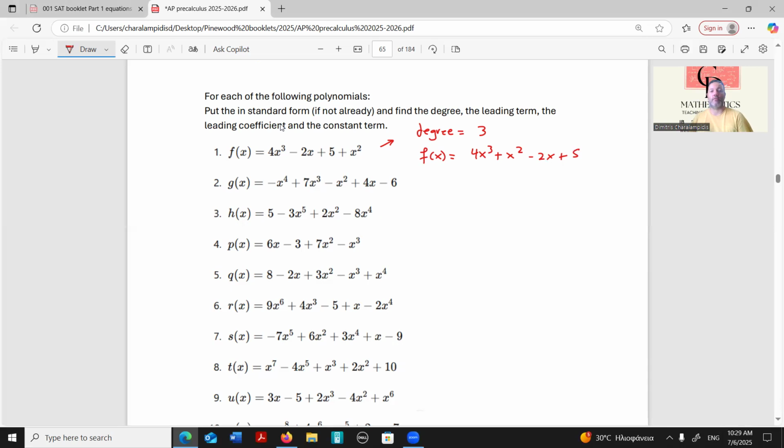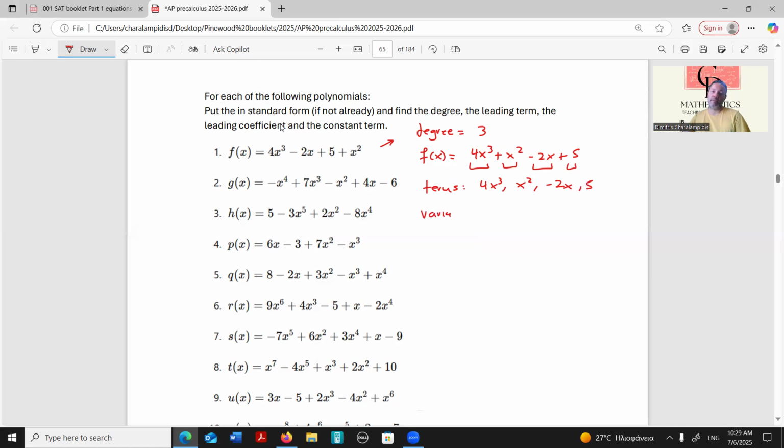This is the standard form. How many terms does this polynomial have? It has 1, 2, 3, and 4. The terms are 4x cubed, the x squared, the -2x. We always include the signs as well, and 5.